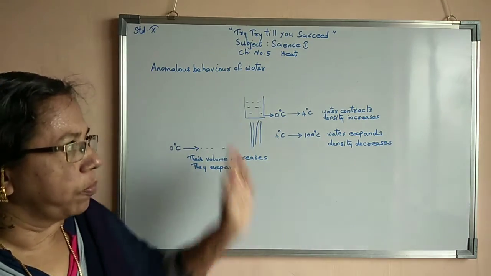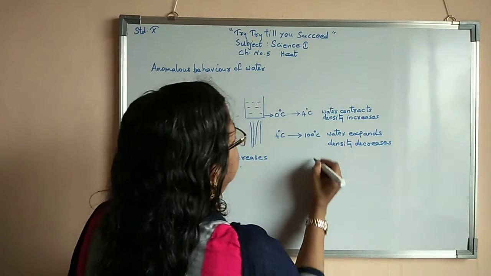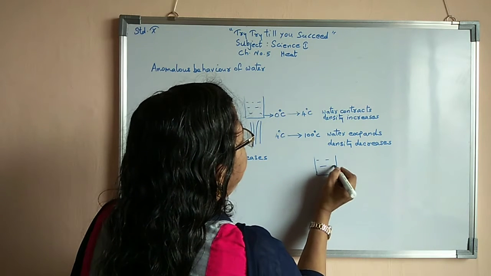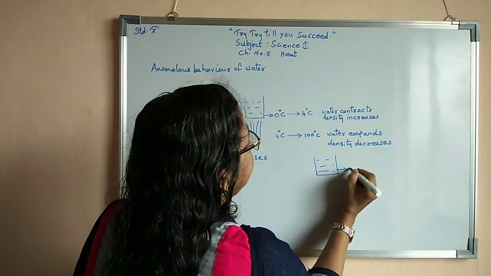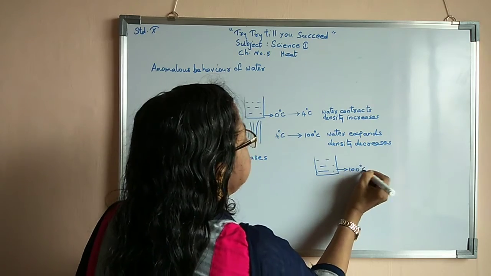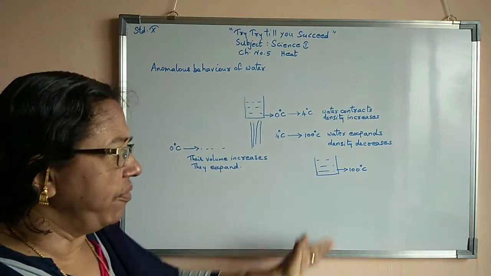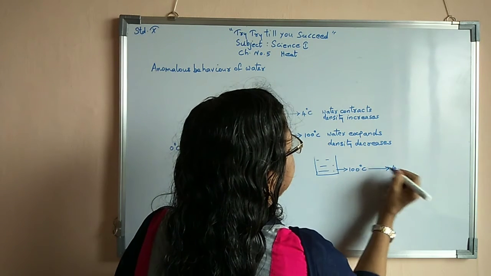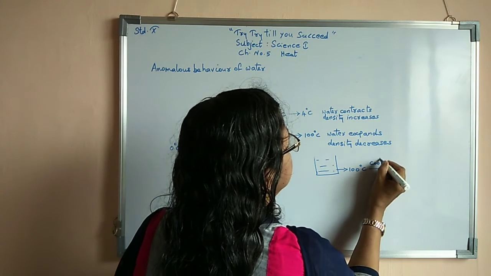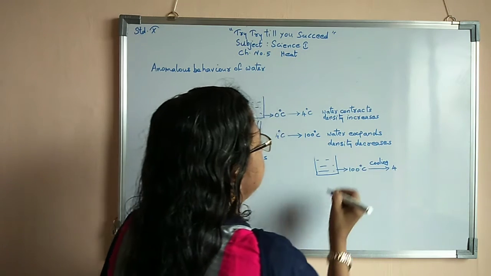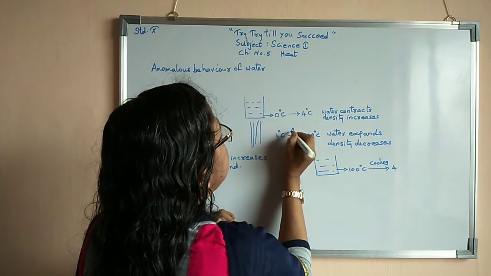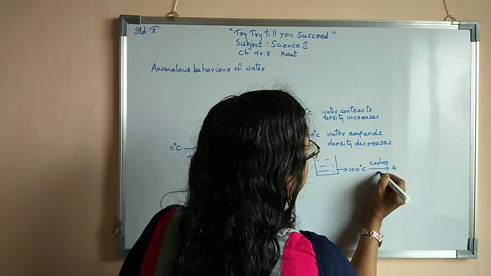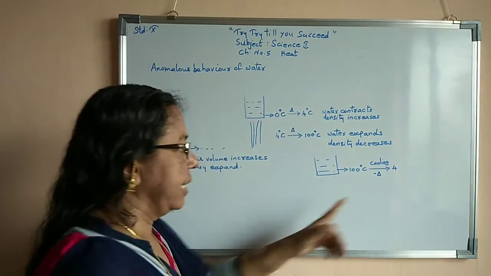Now, just the opposite. If we are cooling, here water is at 100 degrees Celsius temperature. As we cool it till 4 degrees Celsius, that means we are cooling now, here we are heating it. Cooling, we can show with a minus sign, then heat.